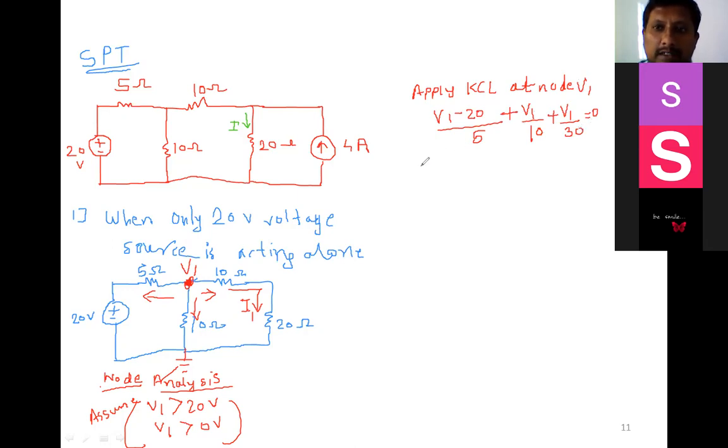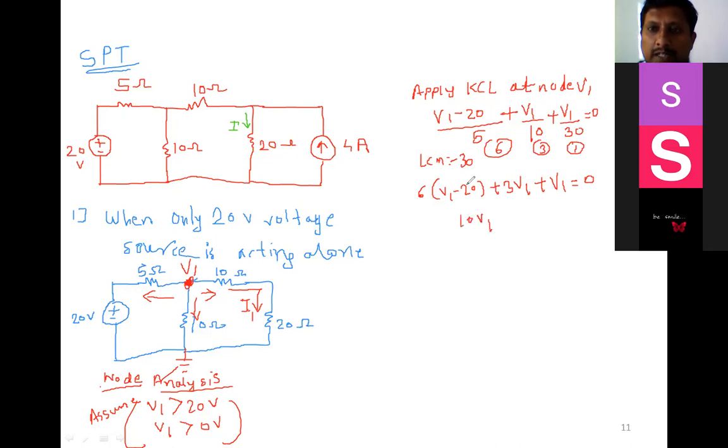The LCM is 30, so multiply by 6, 3 and 1. So 6 into (V1 minus 20), plus 3 V1, plus 1 V1 is equal to 0. The V1 terms are 6 plus 3 plus 1, that is 10 V1. And 6 into minus 20 is minus 120, which goes to the right-hand side and becomes plus 120.